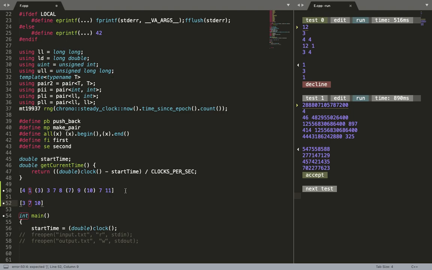So we'll do again something like two pointers on the positions of sevens and tens, going from right to left. Basically, suppose there are some more tens here.